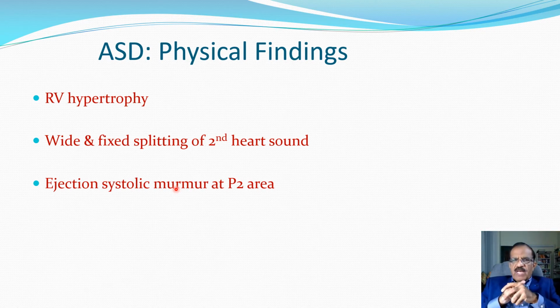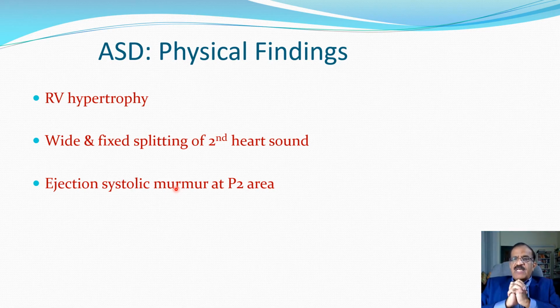And the third feature is the presence of an ejection systolic murmur, and this murmur is actually a functional murmur. The atrial septal defect itself does not cause any murmur because the pressure gradient is minimal and the flow from the left atrium to the right atrium does not cause too much turbulence and does not produce a noise which could result in a murmur.